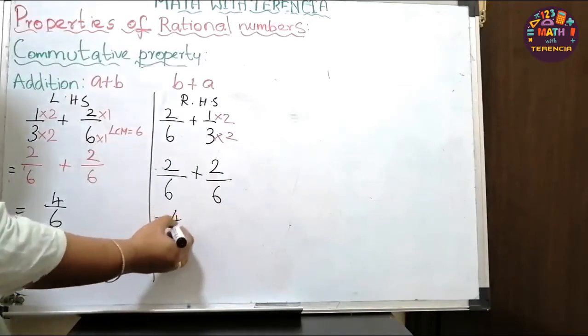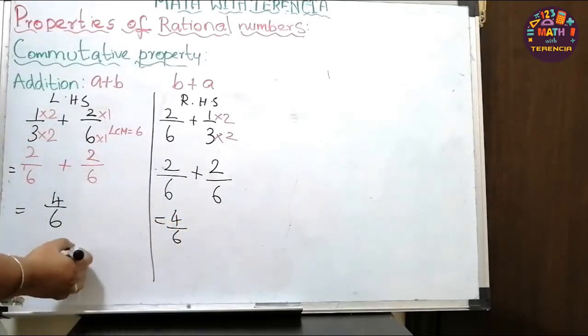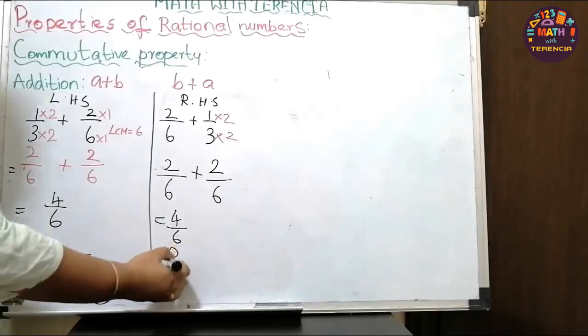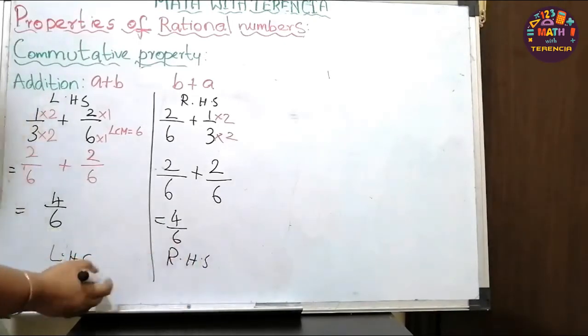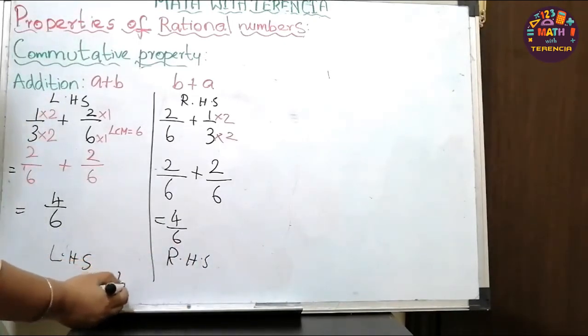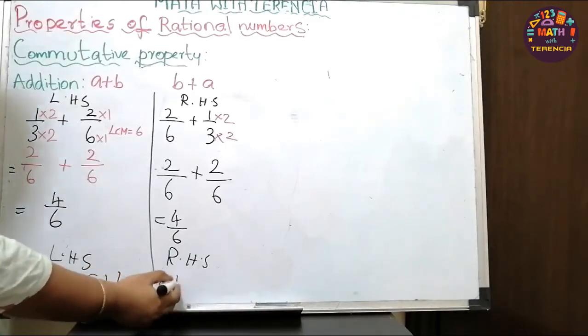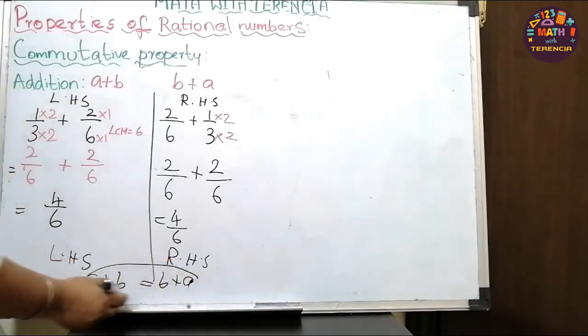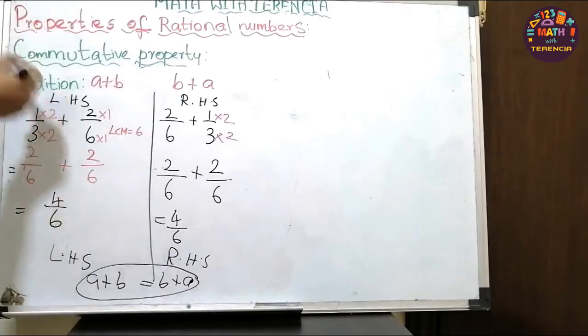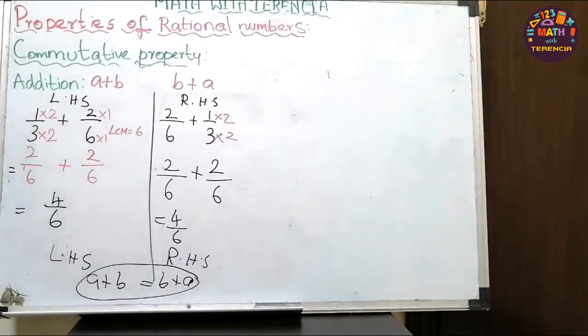The answer is 4 by 6. So my LHS is equal to RHS. Therefore, A plus B is equal to B plus A. That is, commutative property is true for addition of rational numbers.